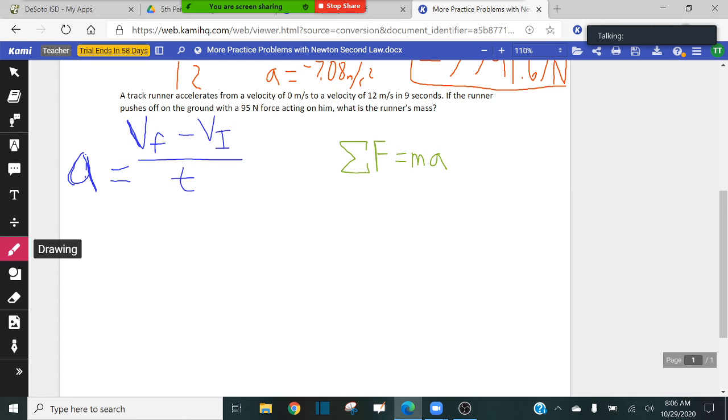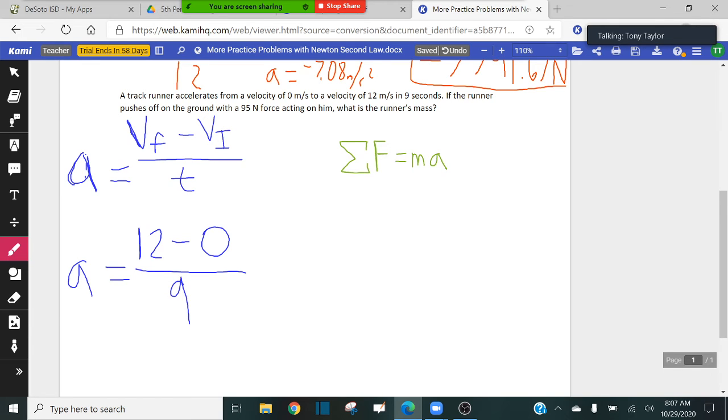Okay. So remember, acceleration is equal to the final velocity of the runner, which is 12 meters per second. The initial velocity of the runner is 0. He started from rest, 0 meters per second. All of that divided by the time, which is 9 seconds.